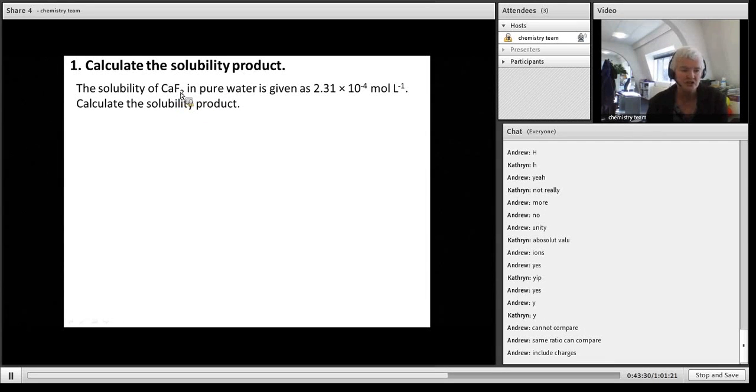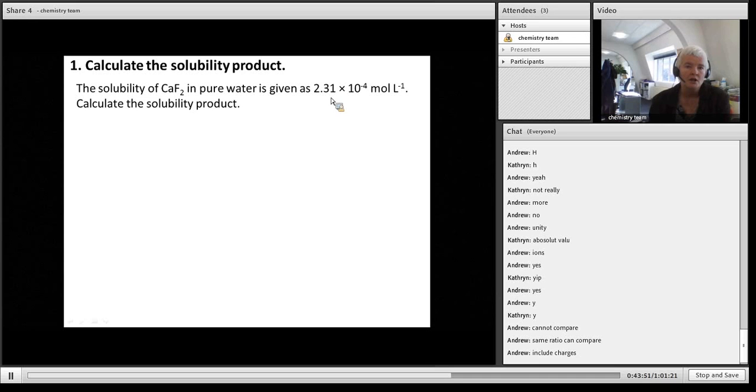There's no extra in the tap water or anything like that. So that's the reason why we say pure water. So all those ions come from what I'm adding. So we get given that solubility, so we know that's how much will dissolve.